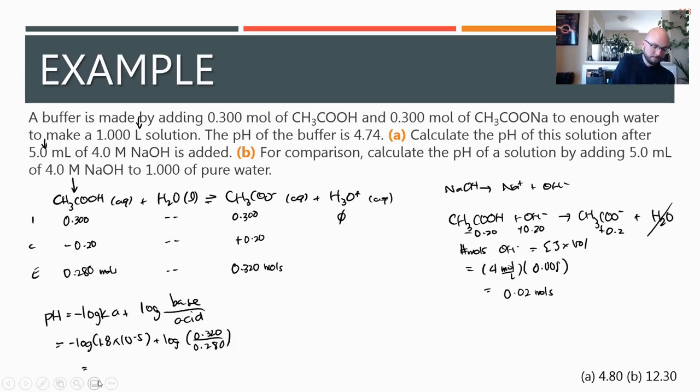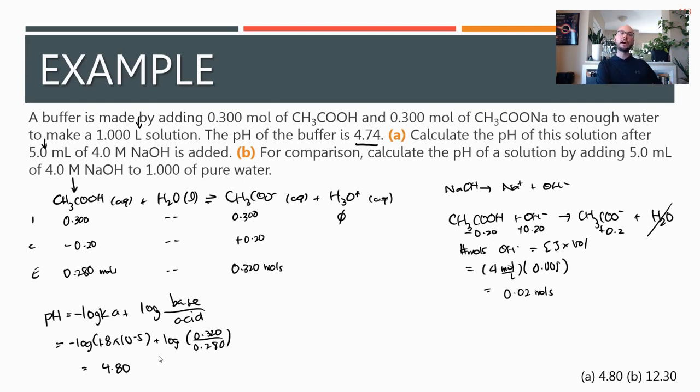So negative log 1.8 times 10 to the negative 5, that's the Ka value for acetic acid, plus log of 0.320 divided by 0.280 equals 4.80. So we can see that the addition of that sodium hydroxide changed the pH originally from 4.74 to 4.80. So a very small difference, 0.06, pretty insignificant, because it's able to resist that.